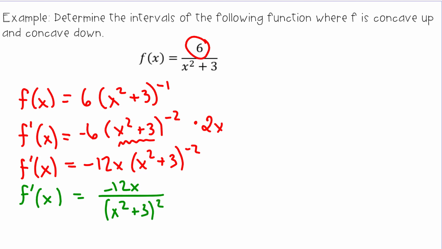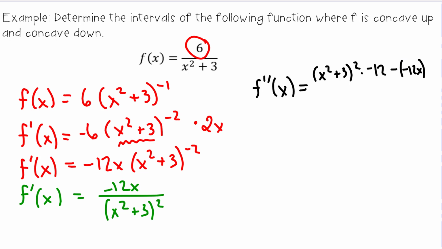So now I have to go and do the second derivative. So I have f double prime of x, and for this one I have to use the quotient rule. So the quotient rule is leave the lower function alone, so I have x squared plus 3 squared times the derivative of the top function, which is negative 12, minus, and now I'm going to leave the top function alone, so I have negative 12x, times the derivative of the bottom function, x squared plus 3, I bring the 2 down, times 2x, which is the derivative of the inside.